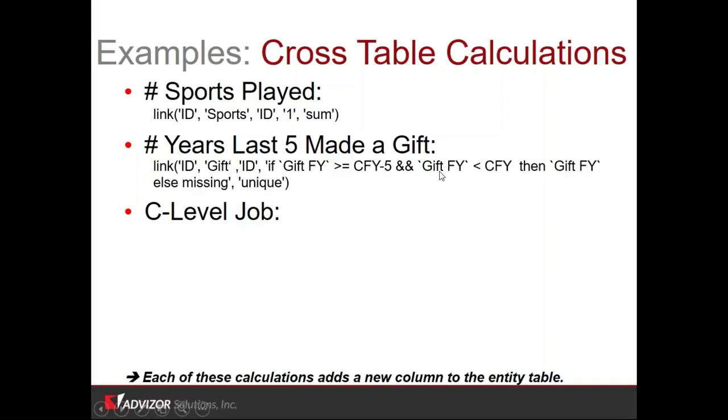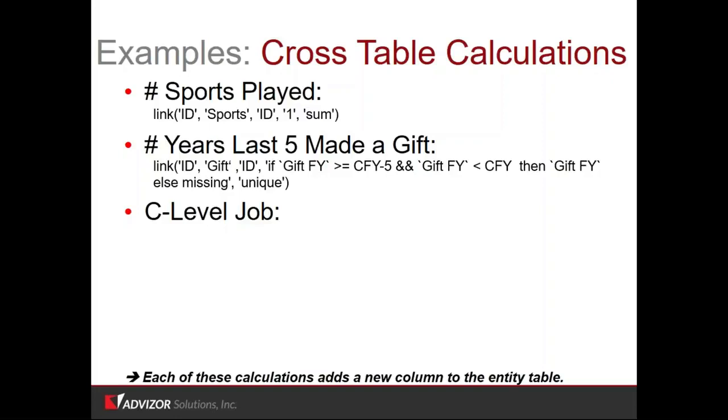Right now it's, I guess, 2018, so this would give you back 5: 17, 16, 15, 14, and 13. If there was a gift for the person on the ID in one of those years, it's going to flag the year, then do a unique count of the years. So this is going to put 0, 1, 2, 3, 4, or 5 in the entity table, because there weren't more than 5 years. Now you have this factor that is a recency of giving metric that could be used in a model.